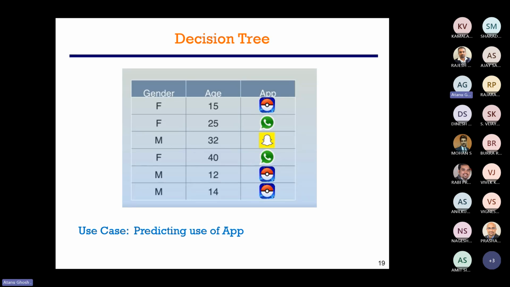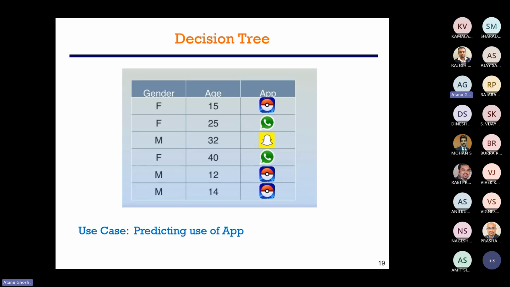Can I say with adequate certainty what app a person will use if the age is less than 20 and if age is greater than 20? One of the cases. That means if age is less than 20, then everybody is using Pokemon Go.